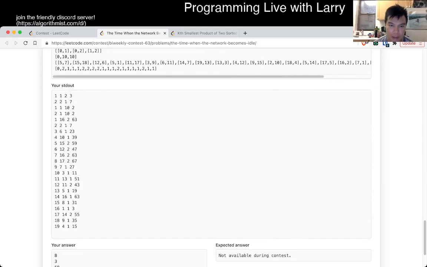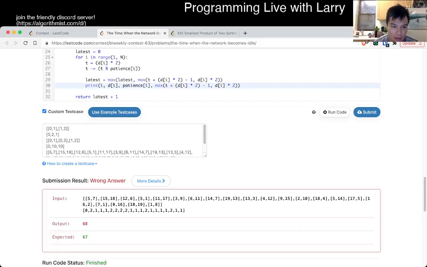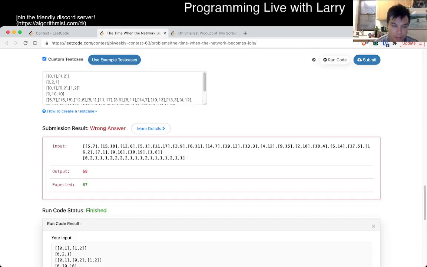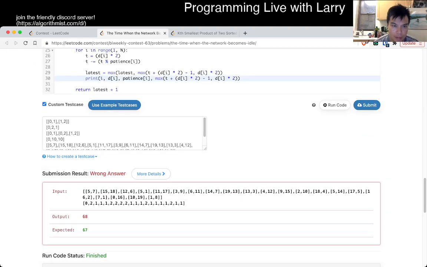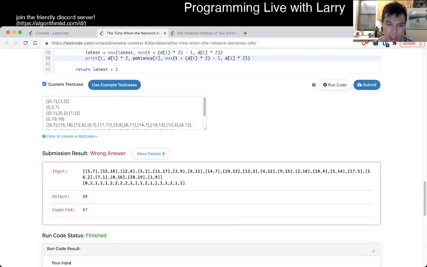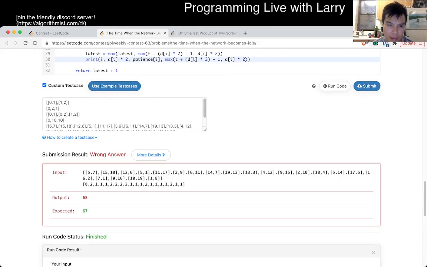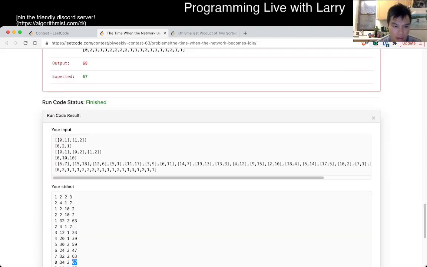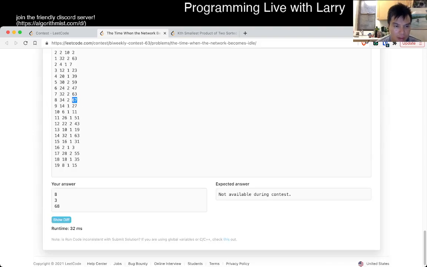So the last message that is sent is at 16, because it received at 17. Wait, what? No. Oh no, this times 2 is when it gets it back. So this is 34. So it gets back the message at 34. So the last message that is sent is 33. 33 plus 34 is 67. So the next one, right? Isn't that right? Did I mess this up?